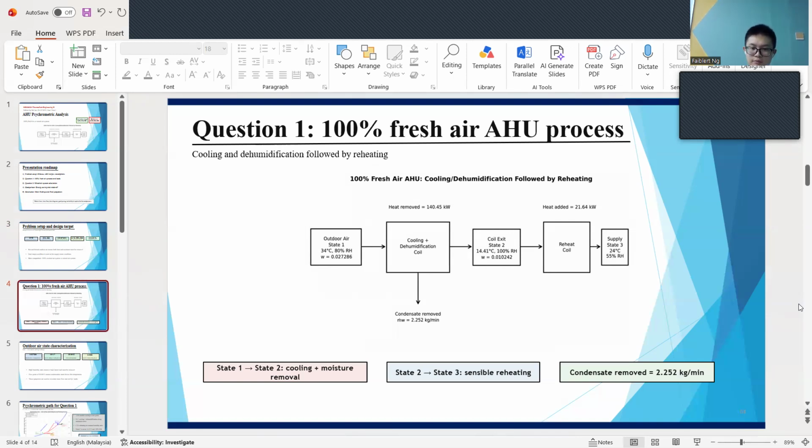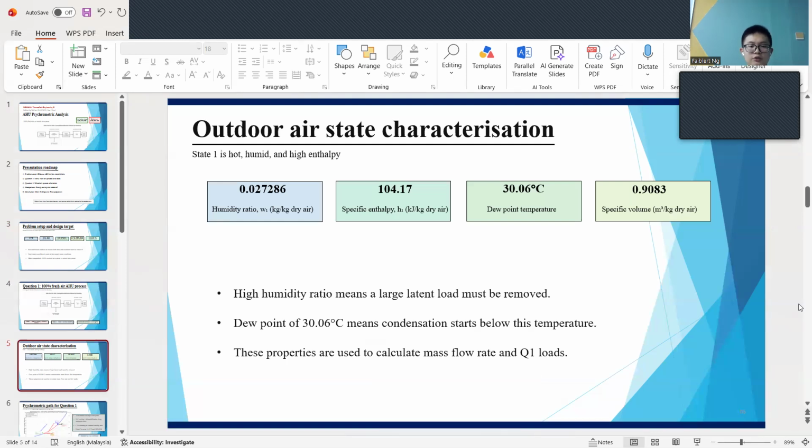Next slide. This slide shows the properties of the outdoor air at stage 1. The humidity ratio, W1, is 0.027286 kg per kg dry air. This value is quite high, which means the outdoor air contains a large amount of water vapor. The specific enthalpy, H1, is 104.17 kJ per kg dry air.